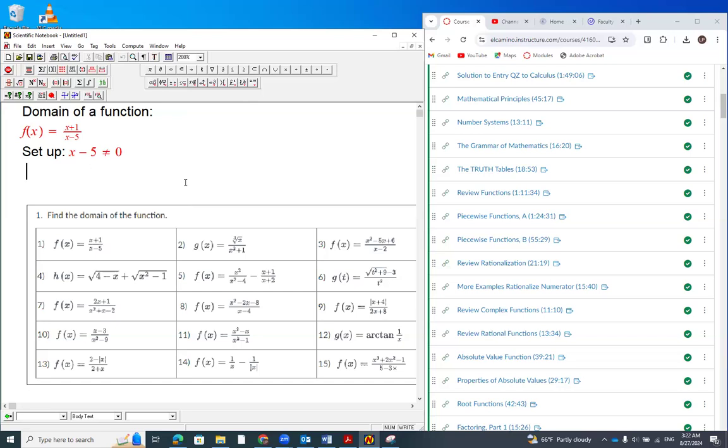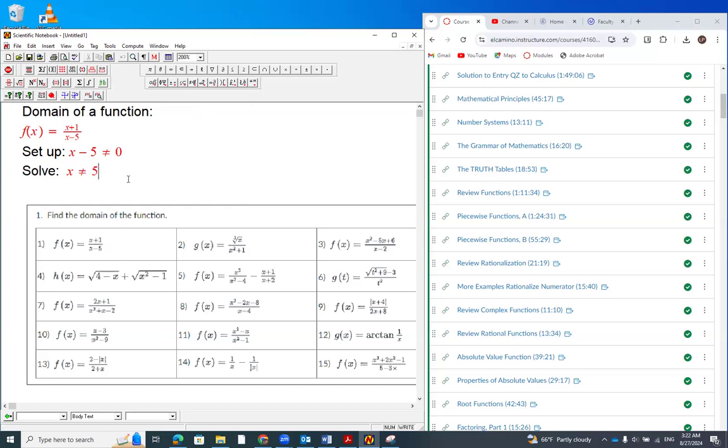Then we solve this inequality. We don't have to make it so clear, set up and solve, but in your mind, you know there are these two steps. As a result of solving this inequality, we get x not equal to 5.